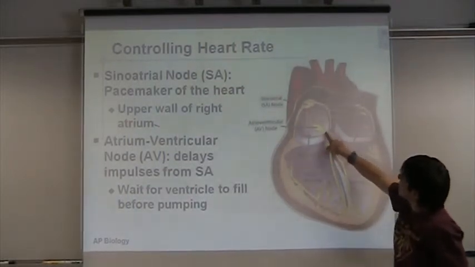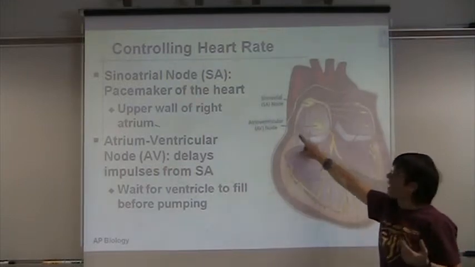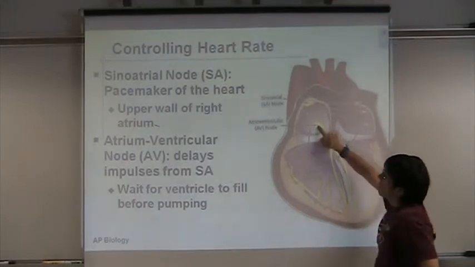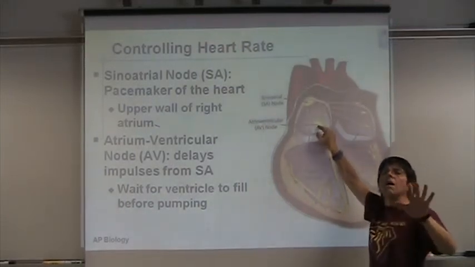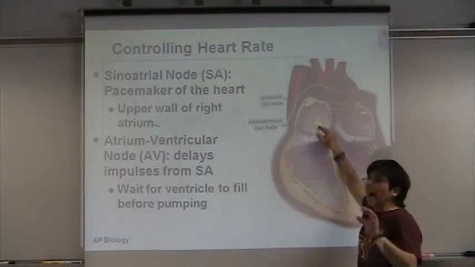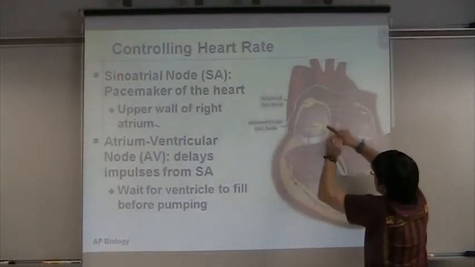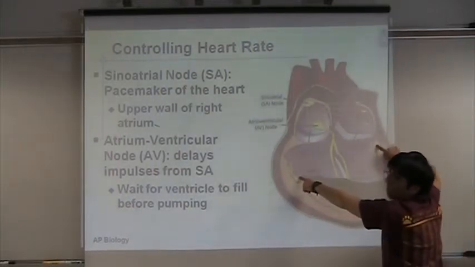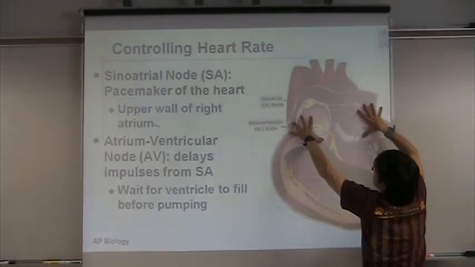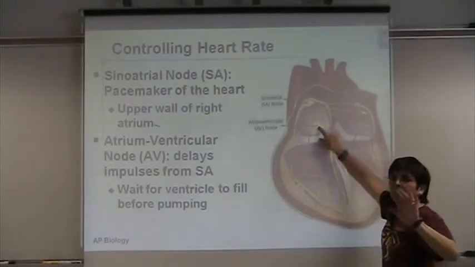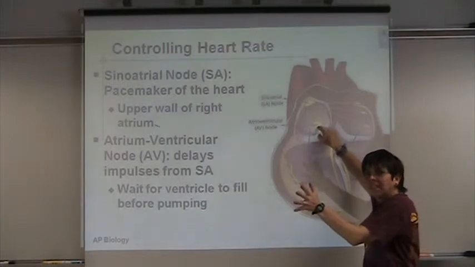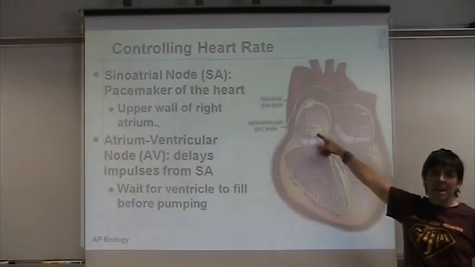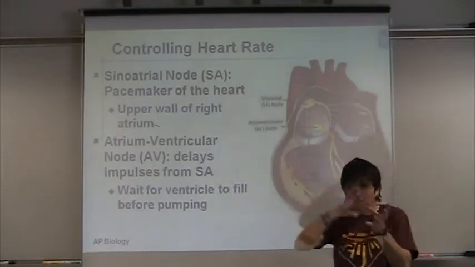Now, over here there is another one called the atrioventricular node. So the signals come through here, they get to this one, and this one is like, hold on a second, and delays the impulse a notch, and then a split second later sends the impulse to the ventricles. So it takes a chill pill, basically delays the signal and then sends it. And the purpose of delaying the signal a notch is, remember, electrical impulses travel very fast.